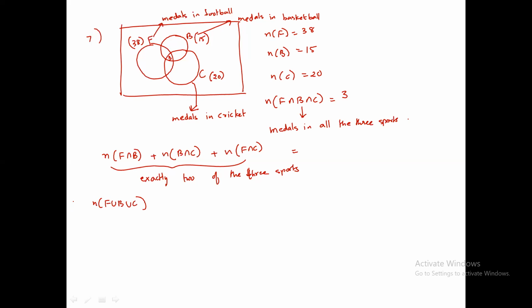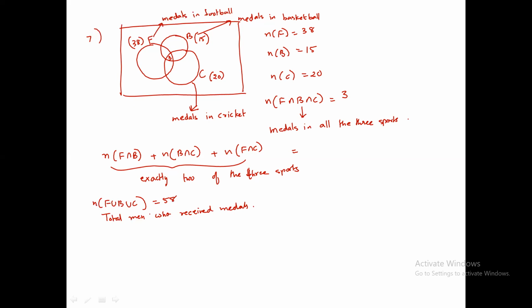These medals went to a total of 58 men. The total men who received medals is given as 58. This is also given in the question.